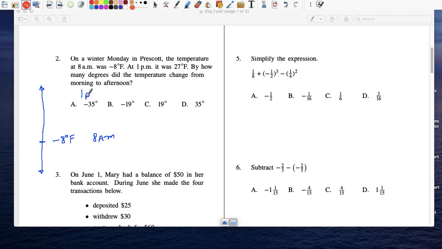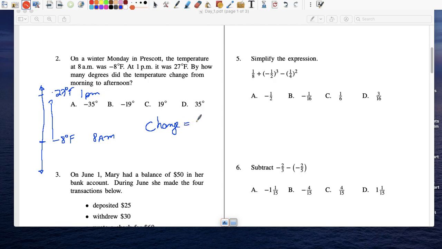So let me write 1 p.m. Temperature went from here all the way to positive 27 degrees Fahrenheit. All right, so imagine that. It went from negative 8 all the way to 27. What was the change in temperature?